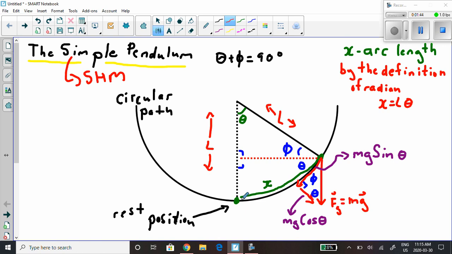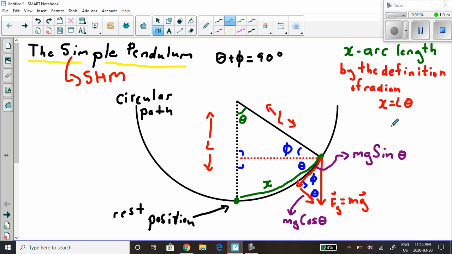All right, there's the arc length x. It's matched by an angle theta. When that theta is given in radians, not degrees, we have this equation here. X, the arc length, is equal to L, the radius, times the angle theta in radians. I'm sure you've learned about this in math class.